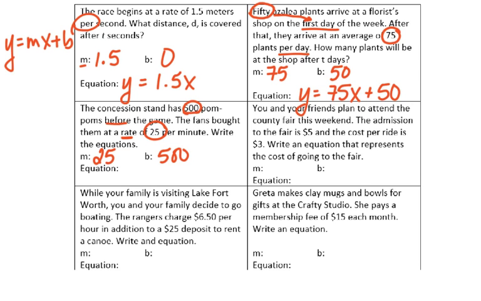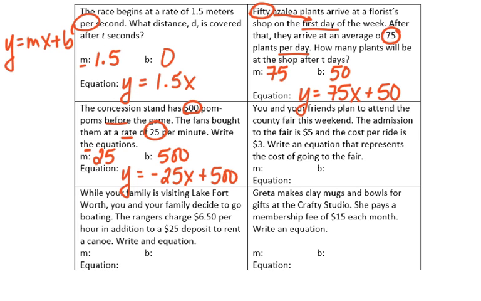So it wants to know what you would have left after a certain amount of minutes. So if you're selling them, it's going to be a negative. So our slope here is going to be a negative. So our equation would be y equals negative 25x plus 500.